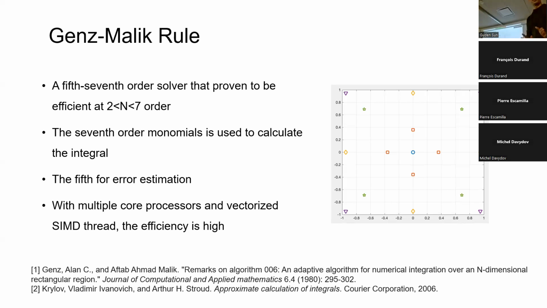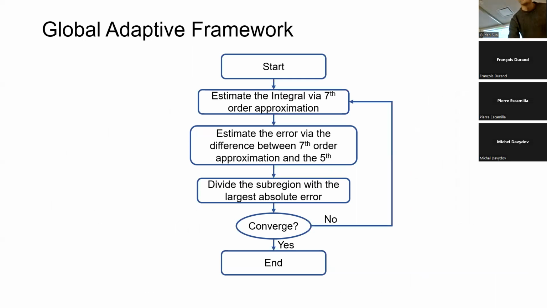So I start with the name and the big frame. The framework of this numerical integration is you define a cube and estimate the integral, like François said, by interpolation and approximation. They approximate a good interpolation.